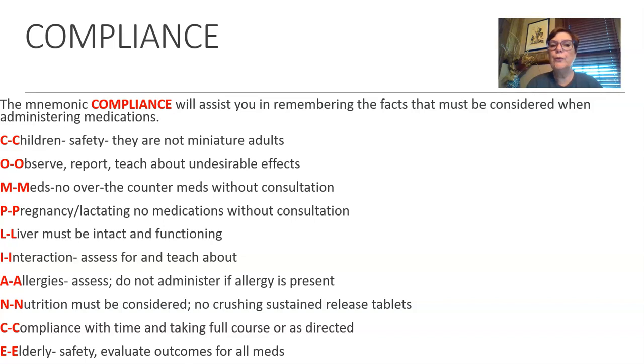All children's weight either needs to be measured in kilograms or converted to kilograms, because that's how you dose a child, per kilogram. I will go back again: children's dosing is done by weight as opposed to age. That's the most accurate way to do it.